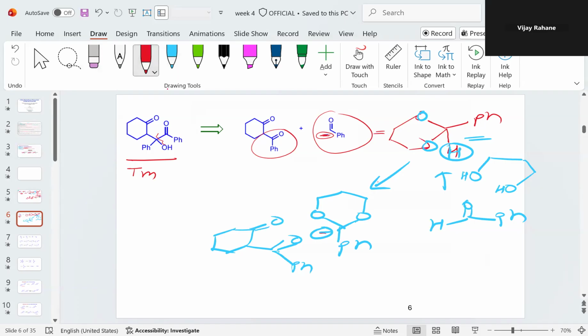This negative charge can now attack the carbonyl center to get our target molecule, which is like this. This can become the hydroxide, and this is now the alkoxide.